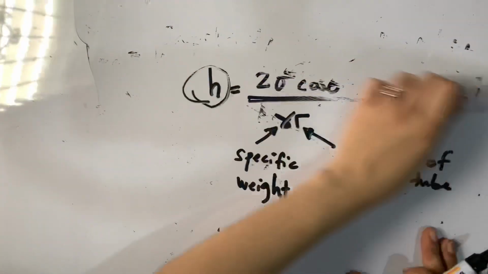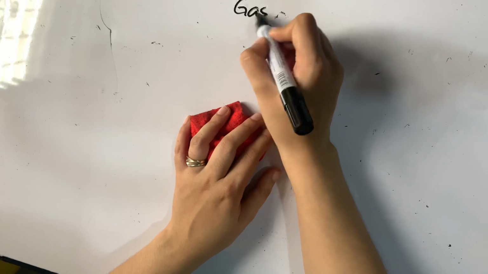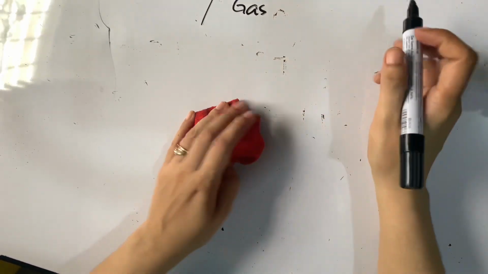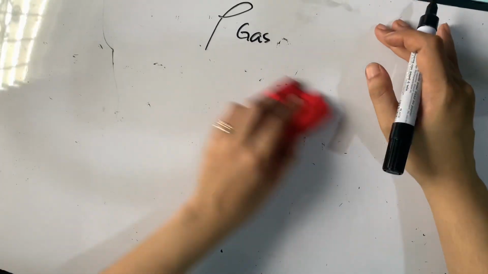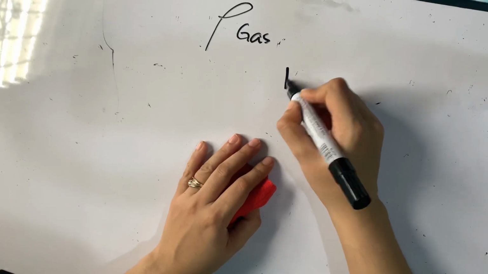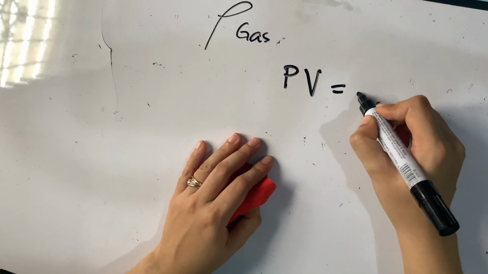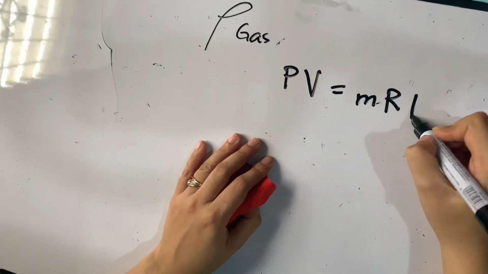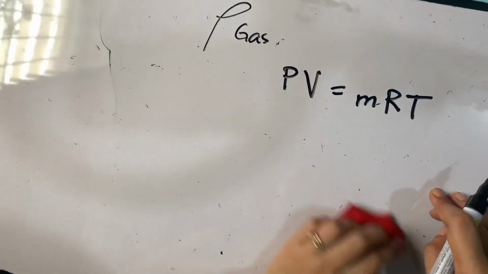Let's move to the density and specific weight of gas. In your thermodynamics, I assume that you already know the ideal gas equation, PV equals mRT, because you're already done with your thermodynamics.